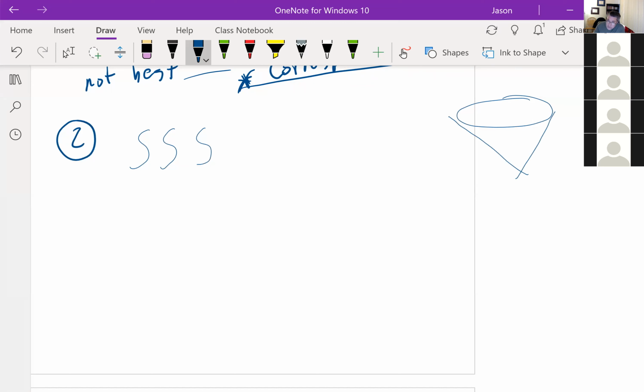Okay, so this is our cone, right? This is the cone. Okay, in 3 space.